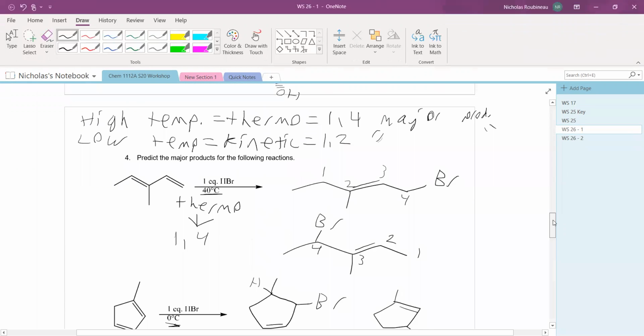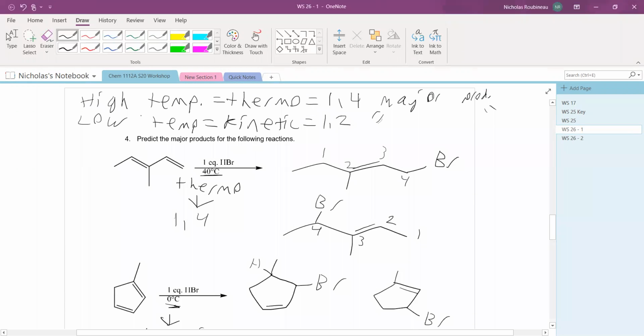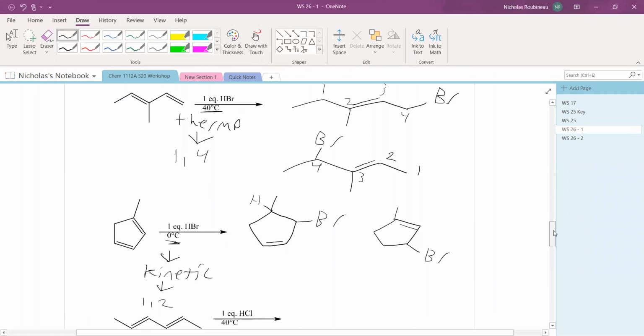So again, just remember that high temperature means it has no Markovnikov because of the allylic position. Again, that is my judgment on it. I don't know if that's what your professor would agree with, but remember when you were going over the SN1 reactivities, he went over a diagram where he basically said a primary allylic cation is equally as stable as a secondary cation that's not allylic.